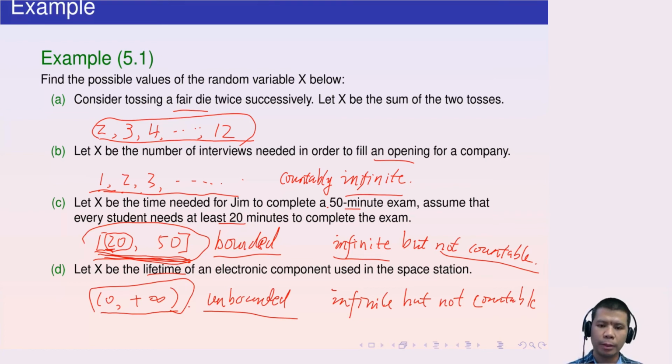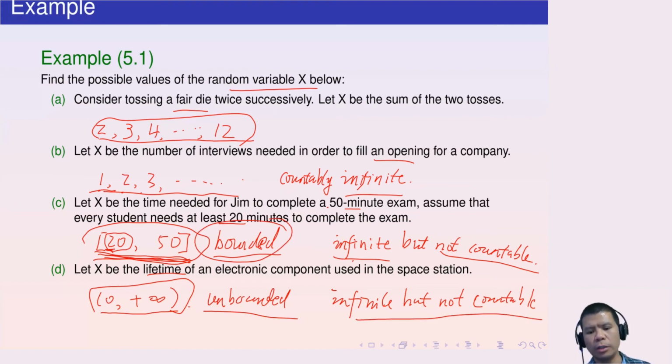There's no upper limit. Okay, so you can see from this example that there are different types of random variables. They're all random variables. However, in A there is a finite number of values. In B, there are countably many. In C, it's infinite but not countable, however it is bounded.